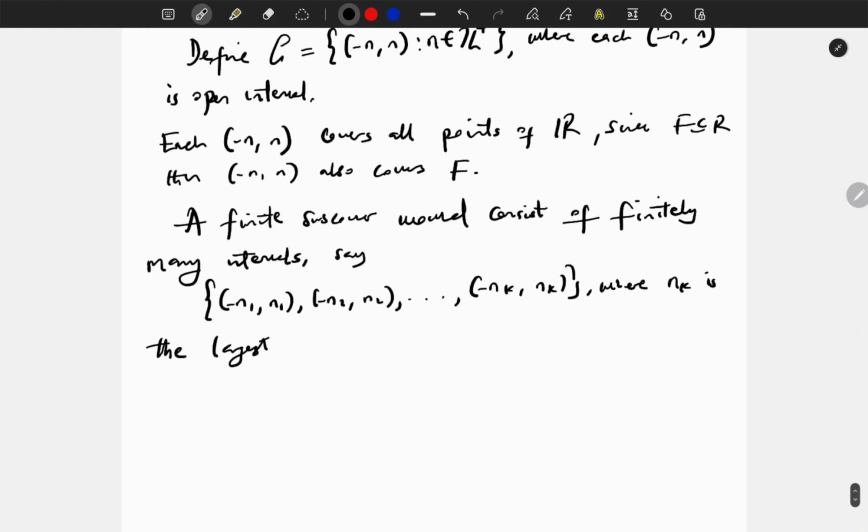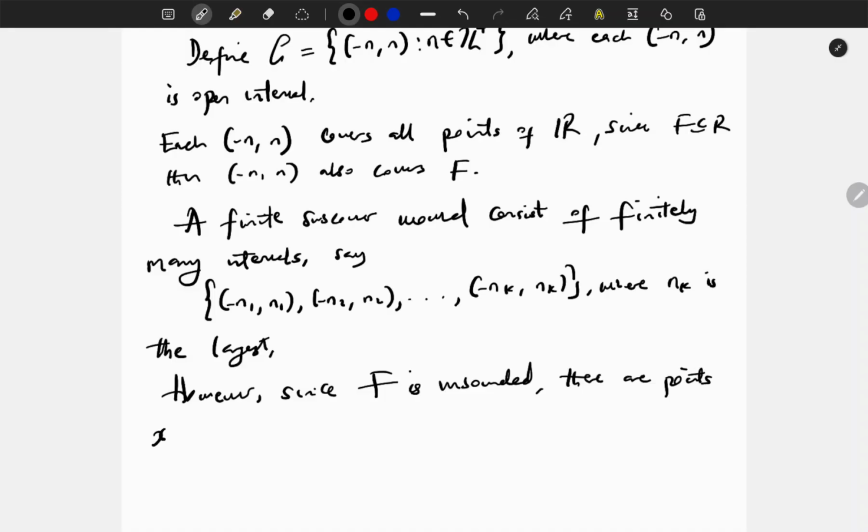But the challenge now is that, since f is unbounded, there will be some point x that belongs to f such that |x| is greater than m, that will be greater than nk.